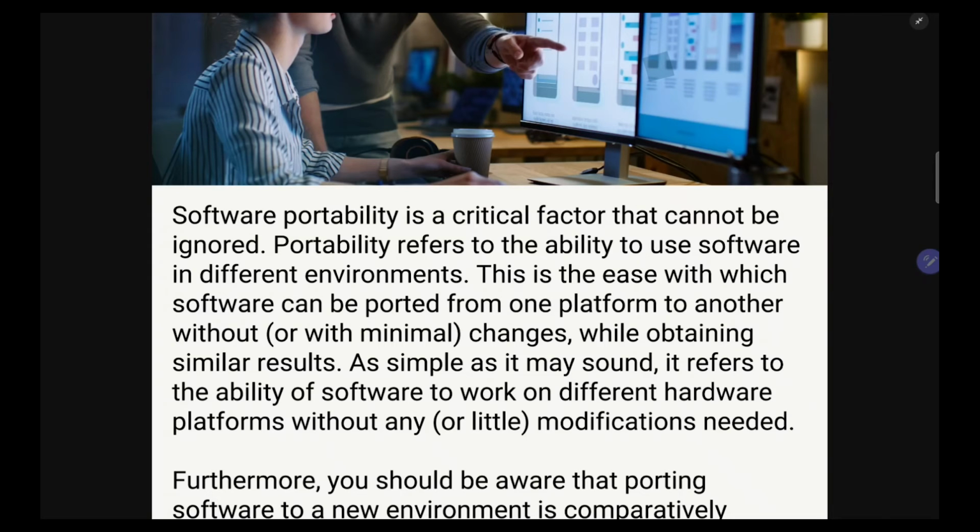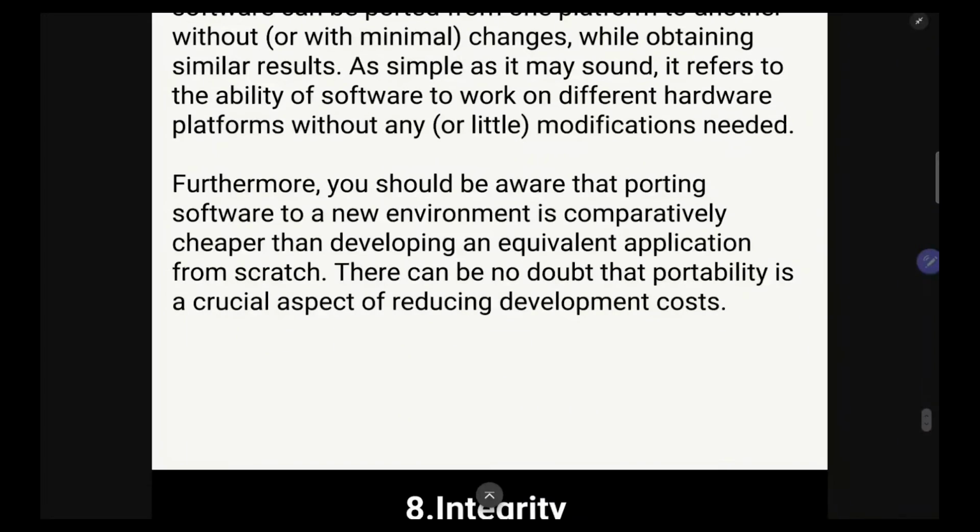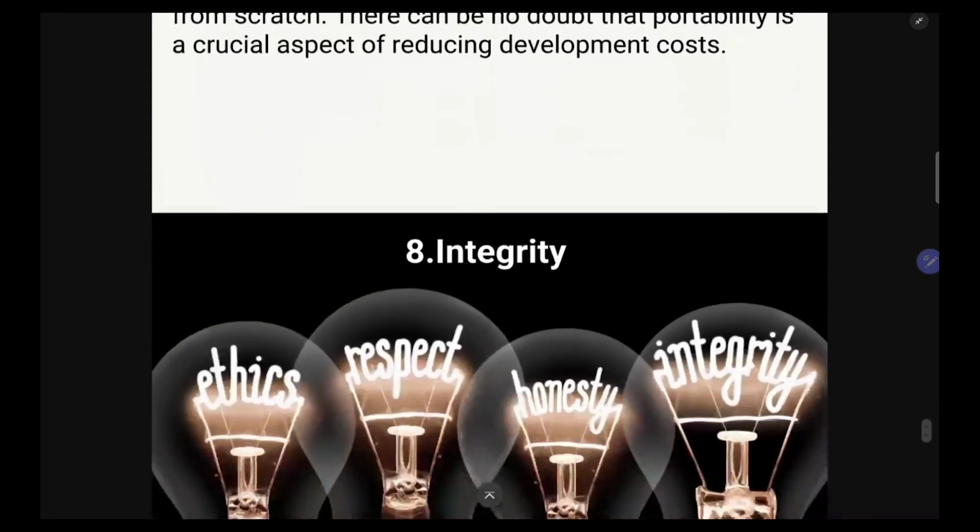As simple as this may sound, it refers to the ability of software to work on different hardware platforms without any or little modification needed. Furthermore, you should be aware that porting software to a new environment is comparatively cheaper than developing an equivalent application from scratch. There can be no doubt that portability is a crucial aspect of reducing development costs.